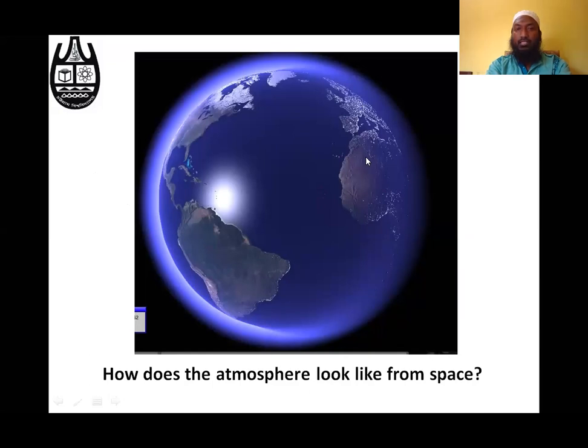In your other courses, how does the atmosphere look from space? How does it look? You see a thin envelope around the world, around the Earth's surface. If you are outside the Earth, that means in space, you can see the thin envelope, a little hazy portion of blue color, a little bit dark outside, and inside there is light.